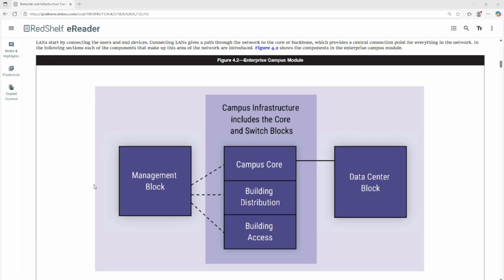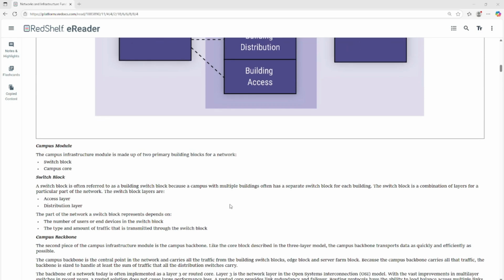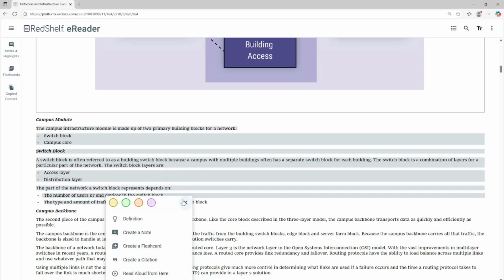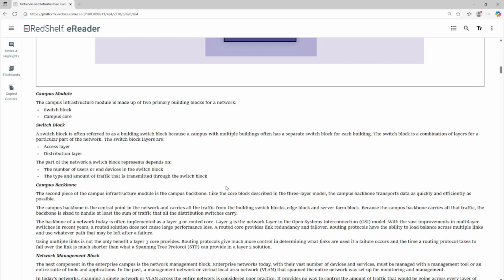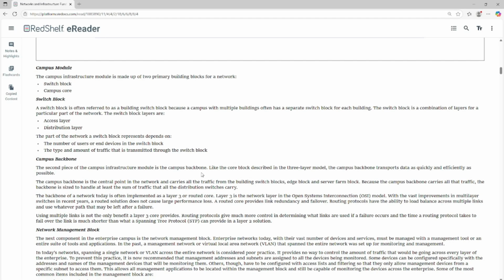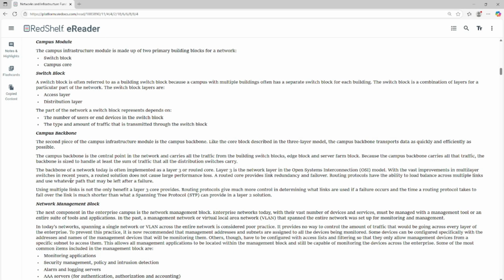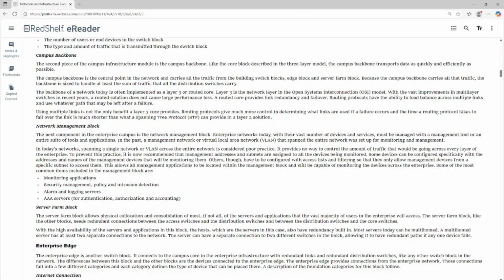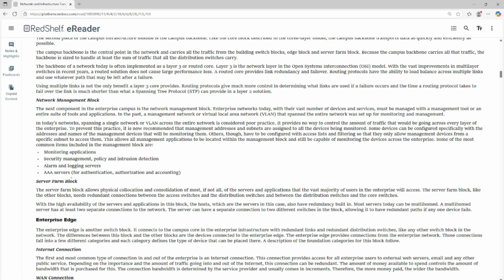It includes the core and switch blocks, the data center, the access layer, like I explained, the campus backbone, the network management block, and the server farm block.